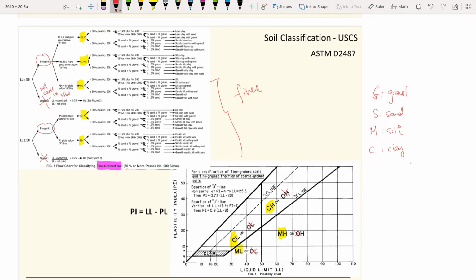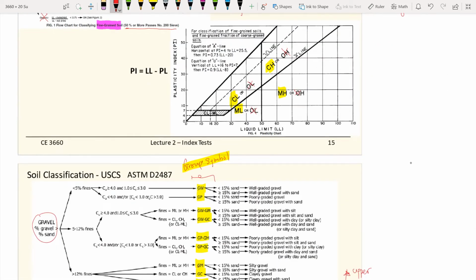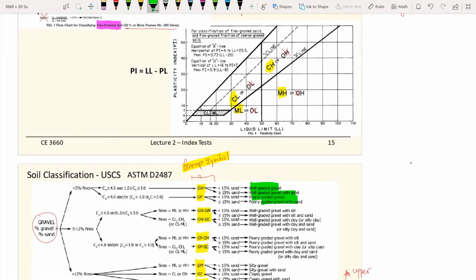After the group symbols, we also need to handle the group names. All of these are group names, which could be long, with much more detailed descriptions.